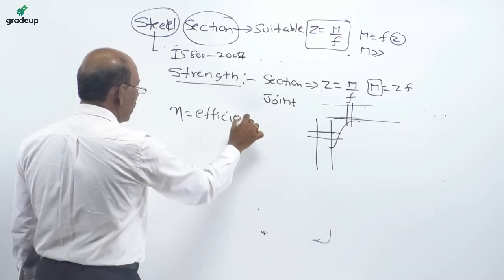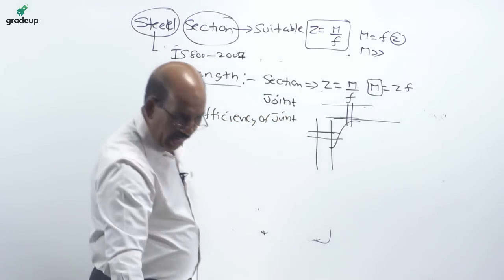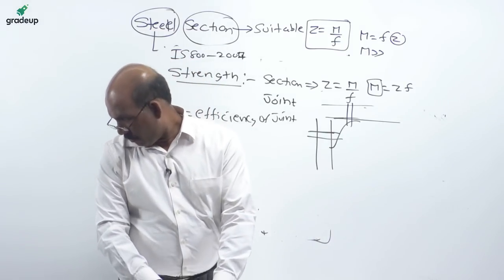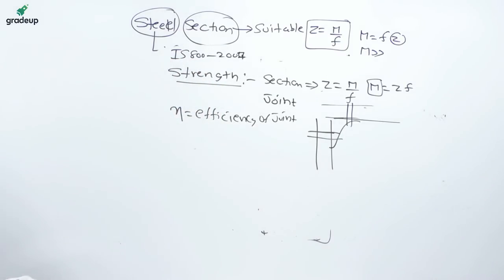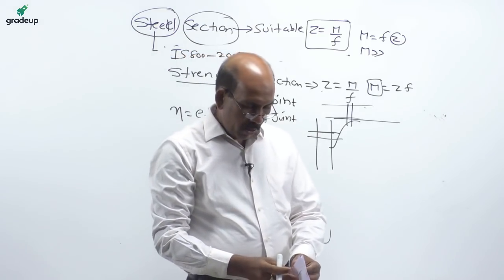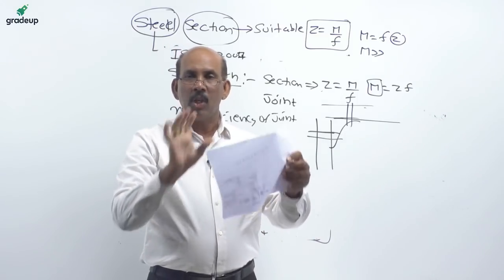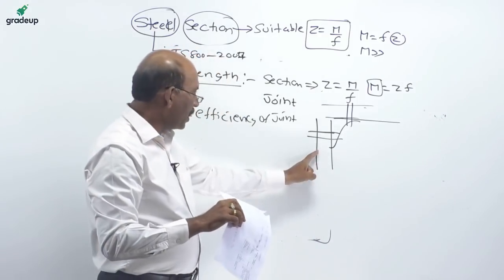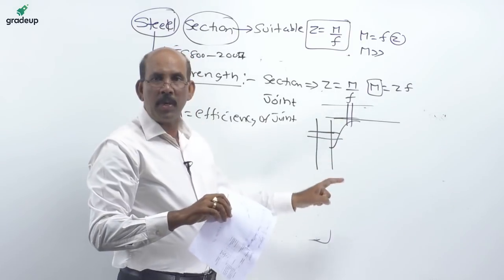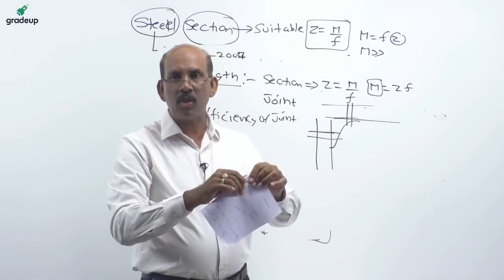This efficiency of joint is nothing but simply, if I take one paper, to make any connection, as I mentioned, these two members are to be joined, and one angle section is to be used.